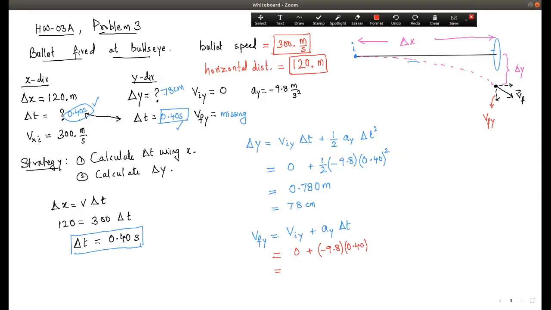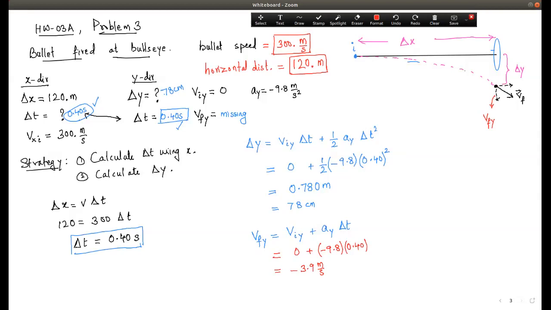So that's 0.4 times 9.8, and that's 3.9 meters per second. So that's minus 3.9 meters per second. Notice how small this velocity is.